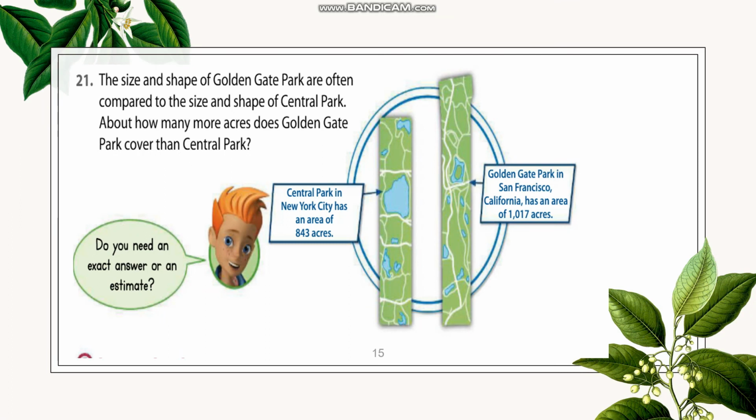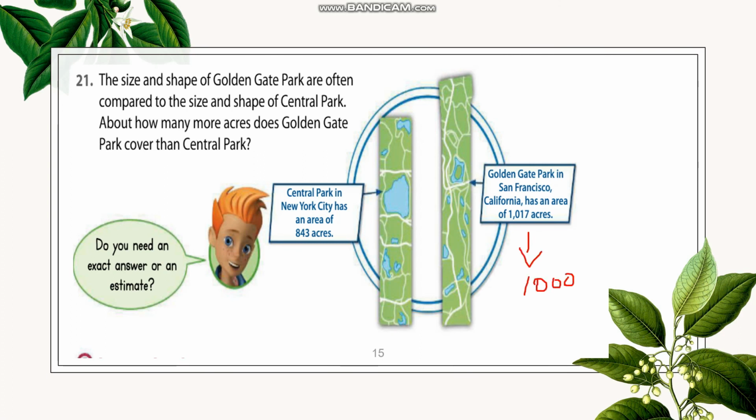Number 21. The size and shape of Golden Gate Park are often compared to the size and shape of Central Park. About, so it means estimation. About how many more acres does Golden Gate Park cover than Central Park? So if I'm going to estimate this one, 1017 is nearest to 1000.